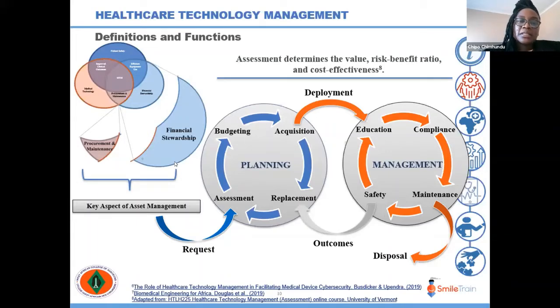The assessment essentially takes place whenever the likes of a clinician or a group of collaborators come and identify a need and say, we have a problem, let's assess our needs and our context and see what we require for us to be able to operate more effectively. So our healthcare technology life cycle looks as such, where we first carry out our assessments, and then our financial collaborators support us with budgeting in order to make sure we procure the right equipment for what we can actually afford.